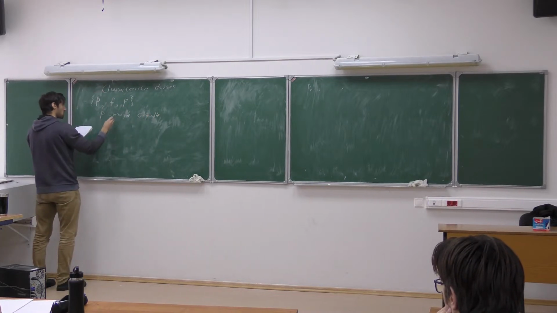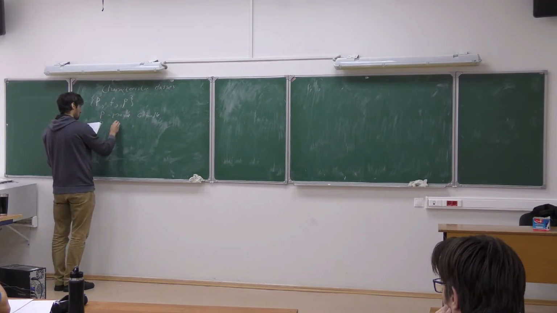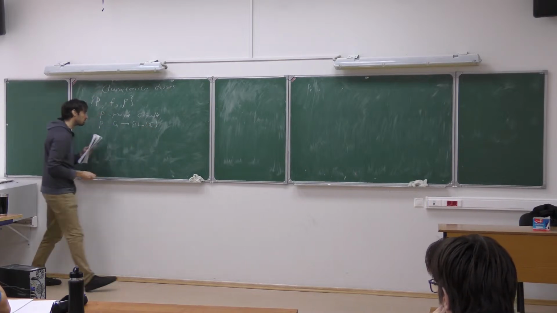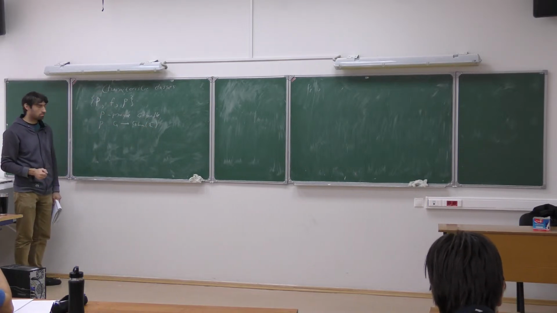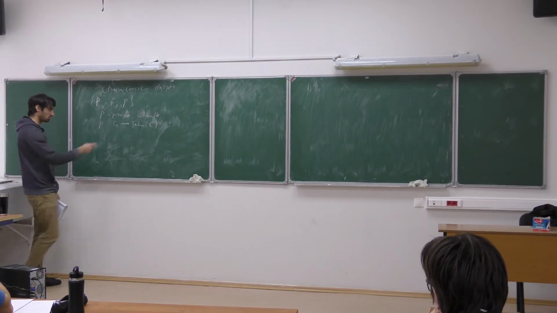So rho is a representation, meaning that it is a complex representation. It is a homomorphism from G to some GL_n C, for some n.